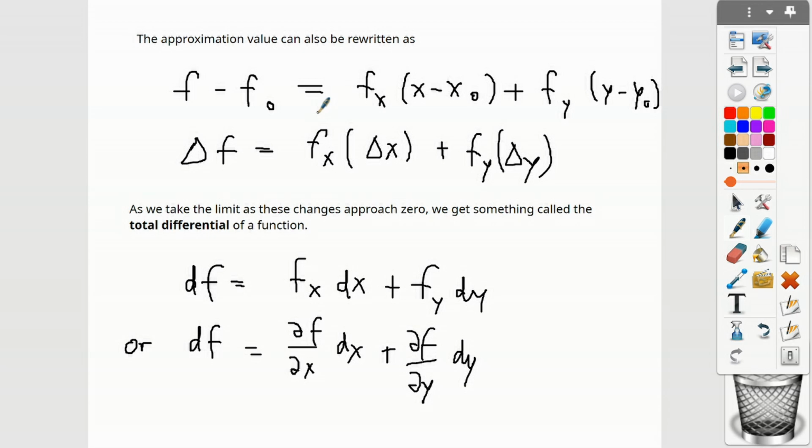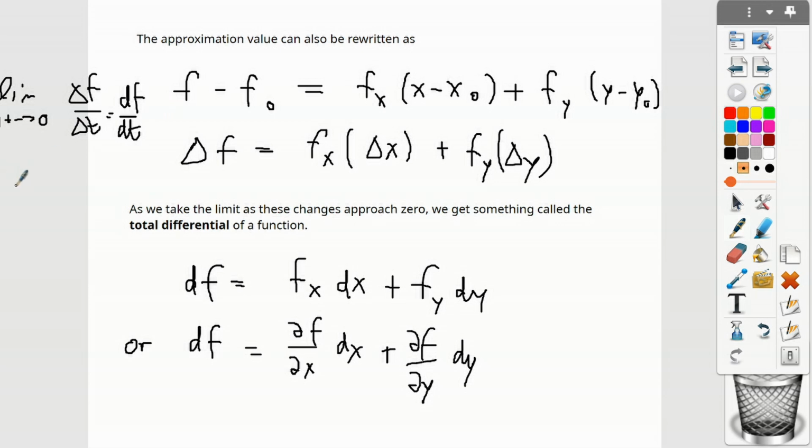So, as we take the limits approaching 0, so as delta f approaches 0, basically, the limit as delta t approaches 0 of delta f over delta t. I'm pretty sure you've seen this in single variable before. I don't know if you see it on the board, but the limit as delta t approaches 0 of delta f over delta t is equal to df dt.